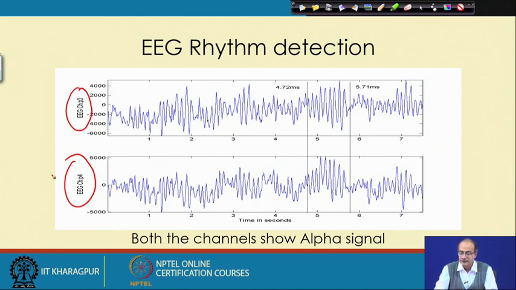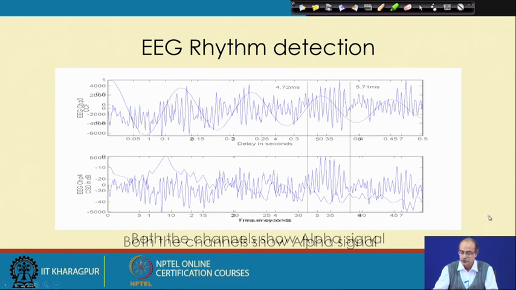In both channels we get a similar kind of waveform in between 4.72 millisecond and 5.71 millisecond. If a doctor is present, they can tell, but as a biomedical engineer, how can we be sure that if one is alpha, the other one is also alpha, or for how long we can say that alpha wave is there?